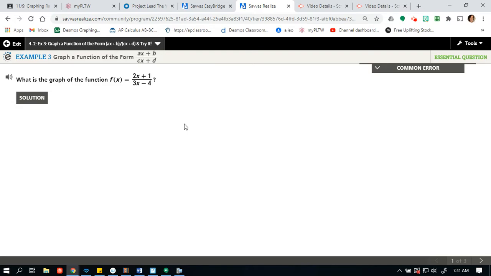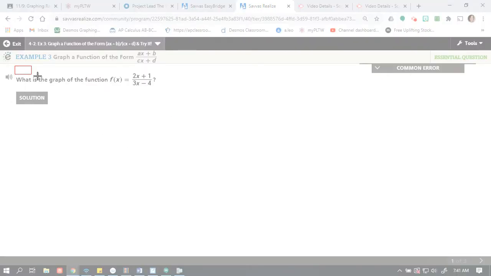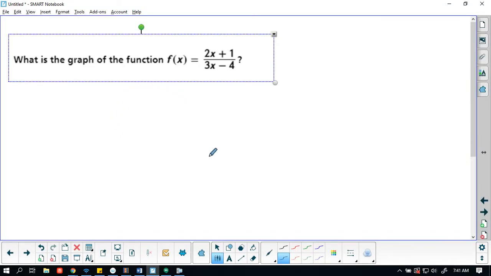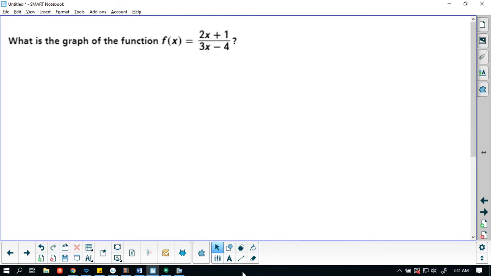So the first thing I'm going to do is grab this function, bring it over here, and look for my horizontal and vertical asymptotes. Right here, I'm going to look to see what value my denominator cannot be.